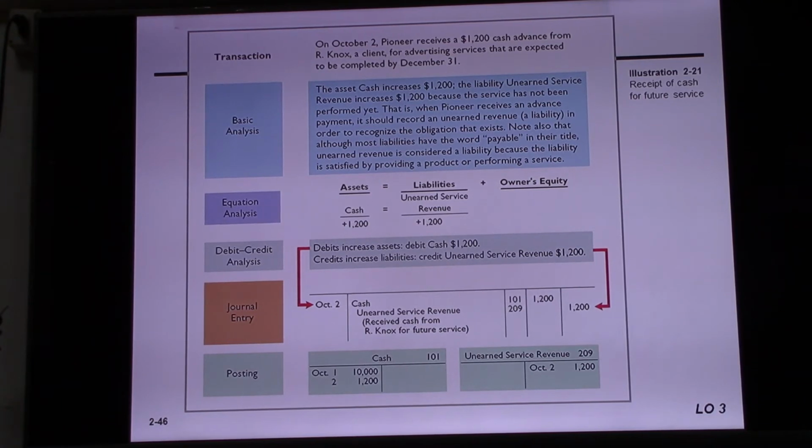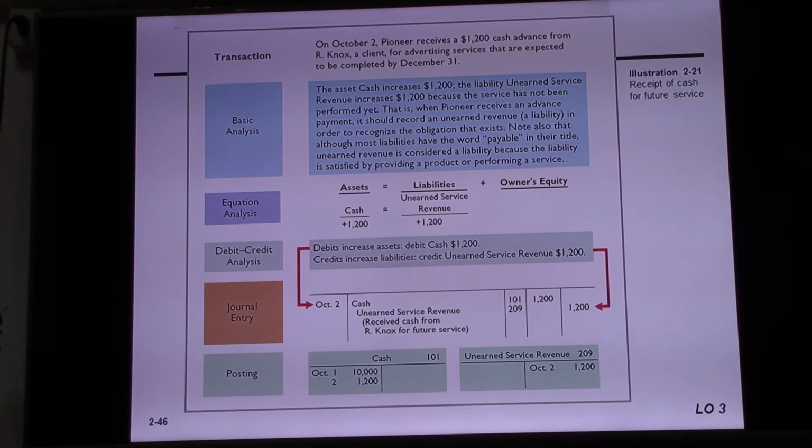So now we have a liability, which we call unearned service revenue. We have an obligation to perform this service on December 31st. So our liability, unearned service revenue, will increase by the same value, which is $1,200, because the service hasn't been performed yet.